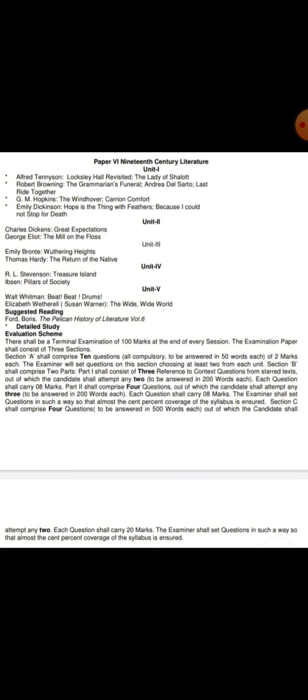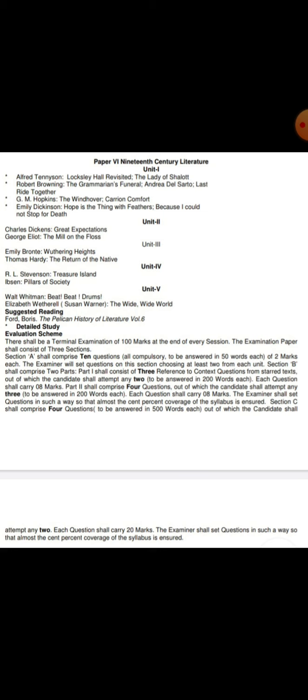It is supposed that the examiner will set questions so that almost all the syllabus is covered. That means out of all the 5 units, there will be 4 questions.